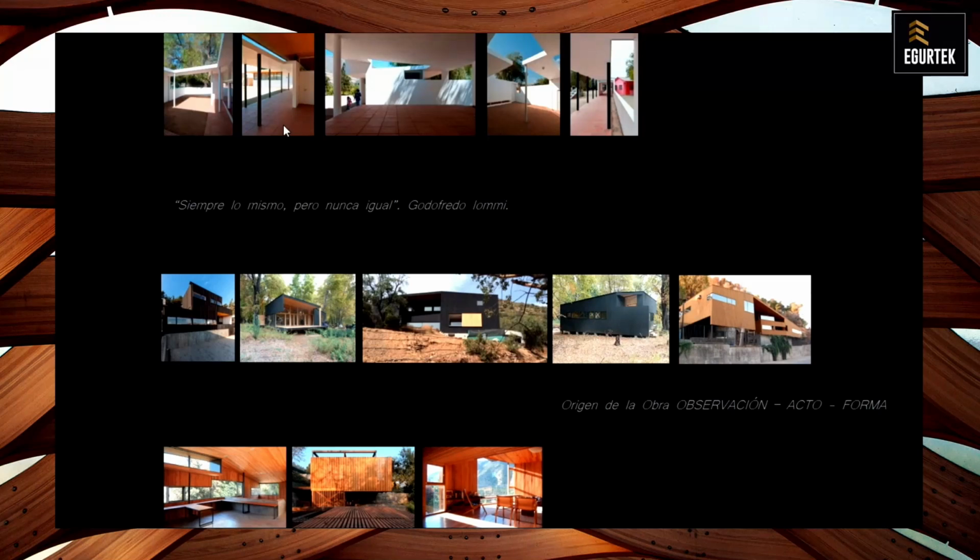So what we've done is develop construction techniques. Well, this is what Godofredo Uni said. It's always the same thing, but it's never the same thing or never identical.